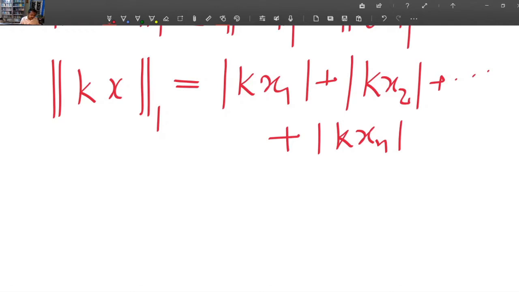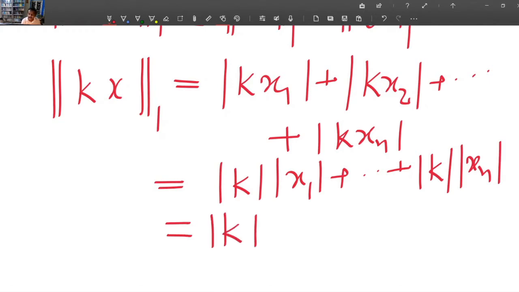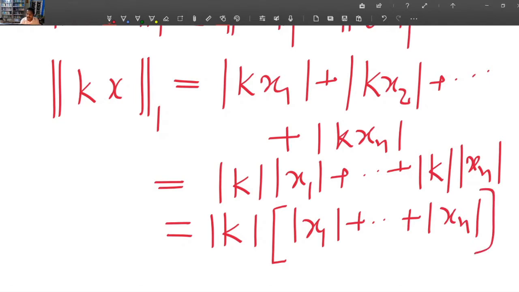So this is actually equal to modulus of k times modulus of x1 plus etc. plus modulus of k times modulus of xn, and you can take modulus of k outside, and this is modulus of k into modulus of x1 plus etc. plus modulus of xn, and that is equal to modulus of k times 1 norm of x.